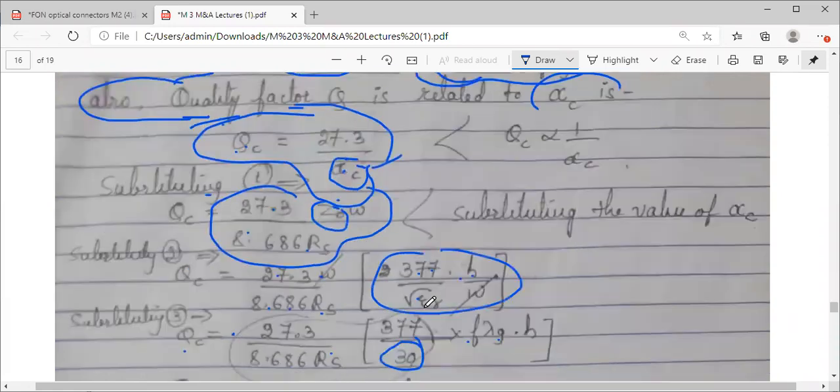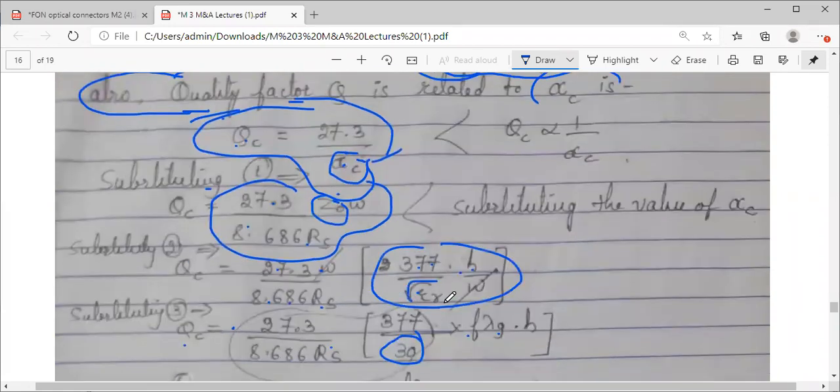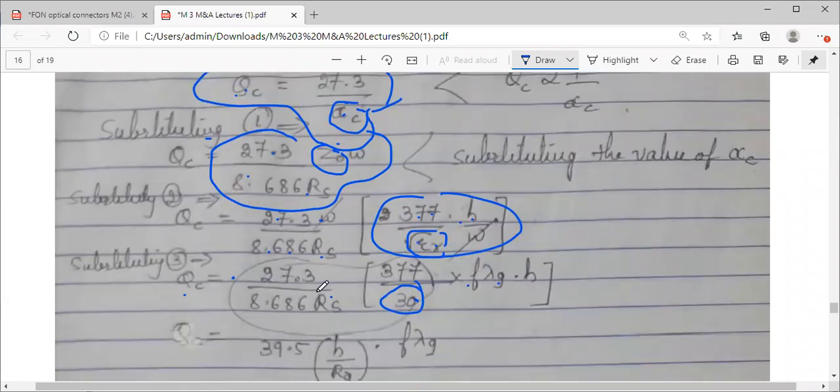Z naught is this. And in this term, you have epsilon R. So I will substitute for epsilon R. So, in turn, I'm substituting all the variable values so that finally, if I calculate these numbers, 27.3, 377, 8.686, it will come up to 39.5. So QC is equal to 39.5.